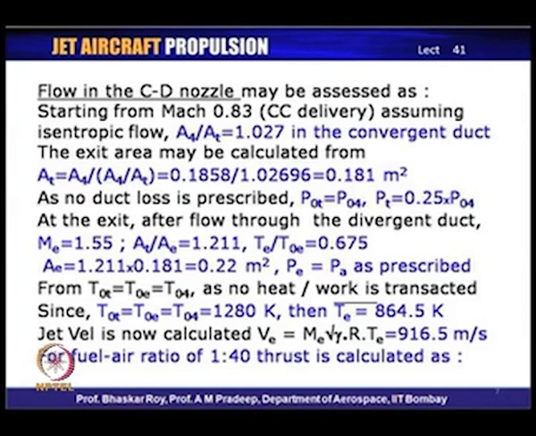So, that is the velocity with which the flow is going out of the engine, and hence the velocity that contributes towards making of thrust.